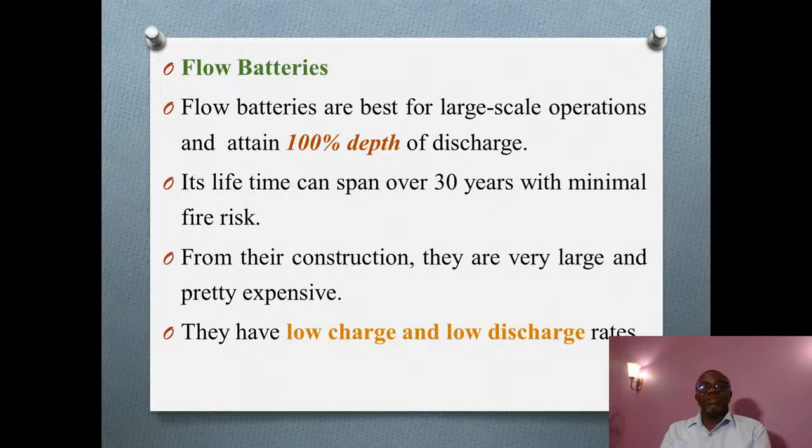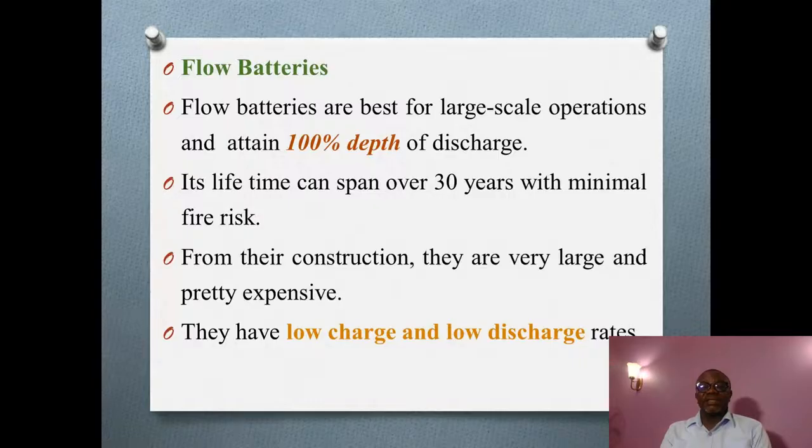They have low charge and low discharge rates. When we talk of low charge and low discharge rates, it means that it takes a long time for it to discharge completely, so it can serve you for a longer time.